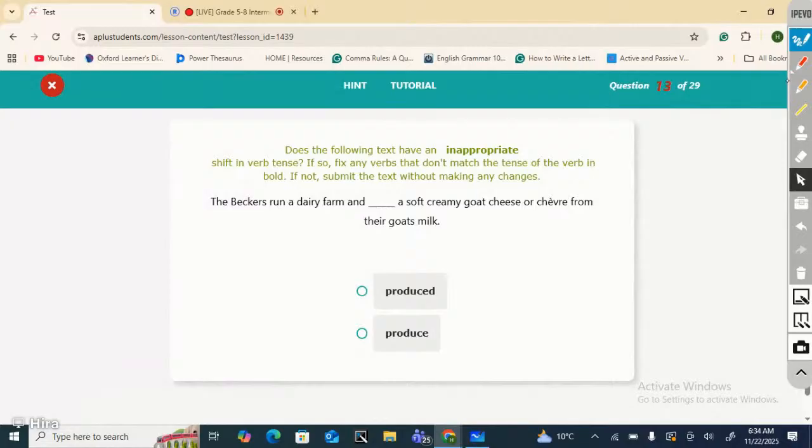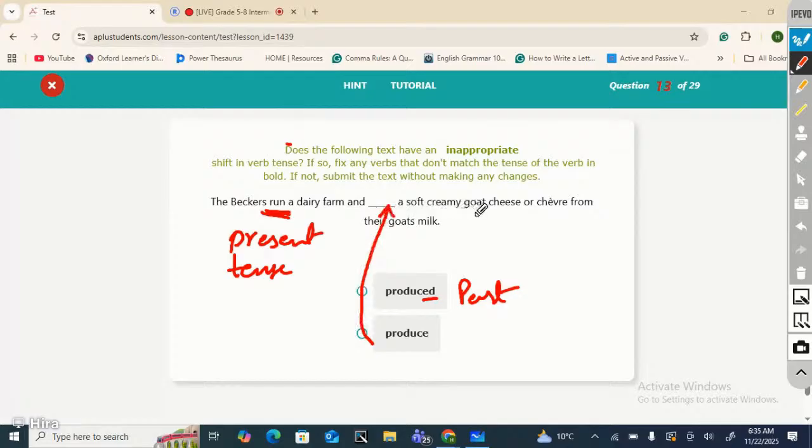Look at the sentence. The Beckers run a dairy farm. Run, present tense verb. And these two options, which one is present tense verb? Produced ending in ed, it's past. Can we use it? The Beckers run a dairy farm and produce a soft, creamy goat cheese or chèvre from their goat's milk.